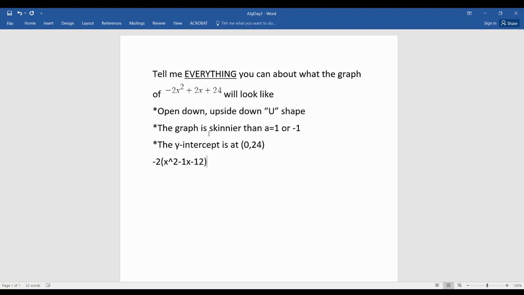So now I'm going to factor this because this is where I want to think about where my x values should be. So if I create the x method, I have an a value now of 1, a c value of -12, and a b value of -1.